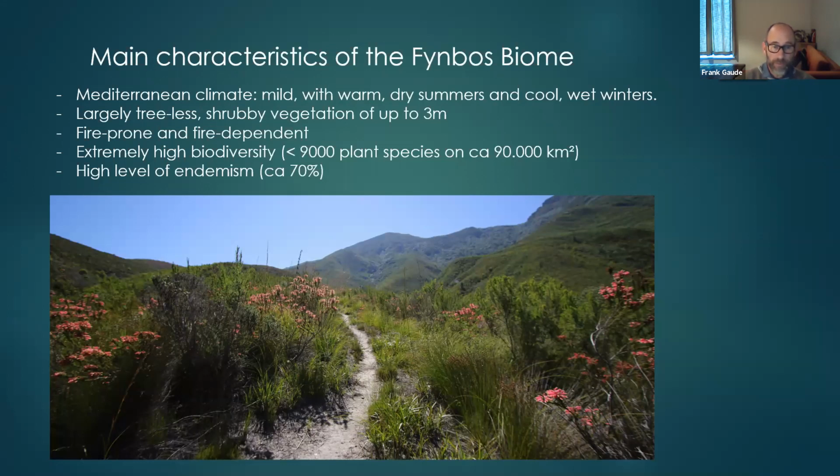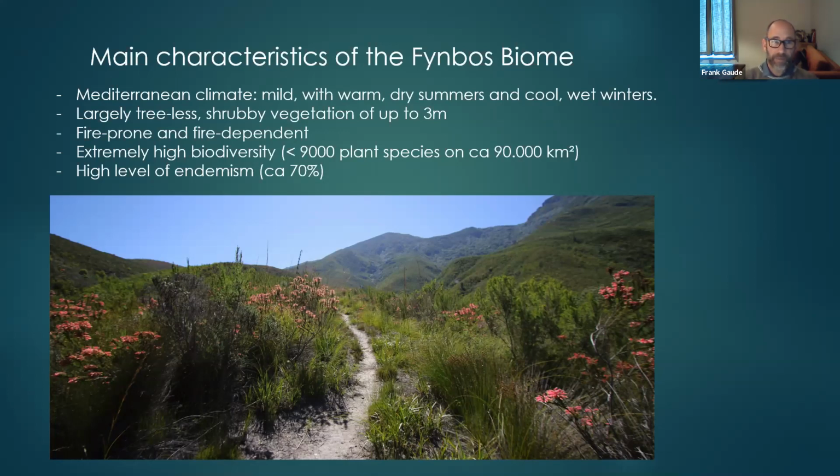So for example, we say that fynbos should burn. The opinions are very different there, but some people say it should burn every 5 to 10 years, others say every 10 to 20 years. It probably also depends on the type of fynbos. But when a fire happens too often, then only plants which have a very quick reproductive cycle will survive.